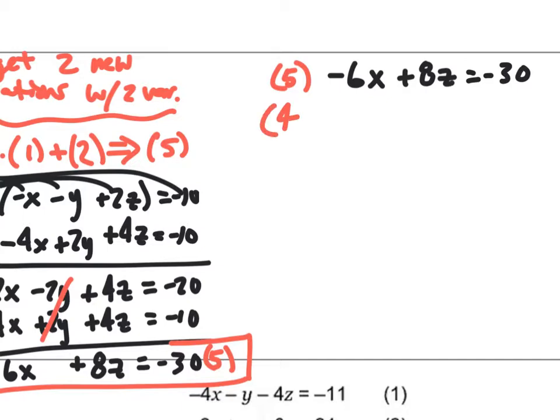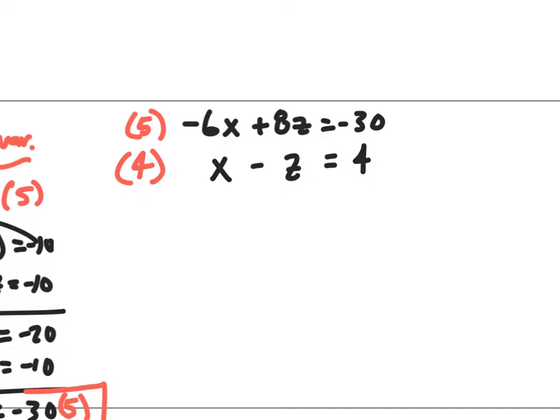So remember, my fourth equation was x minus z is equal to positive 4, okay? So now, once you've created 2 new equations, we've gotten rid of the y in both of them. Now, we just solve the 2 variable system like we did in the last unit, okay?